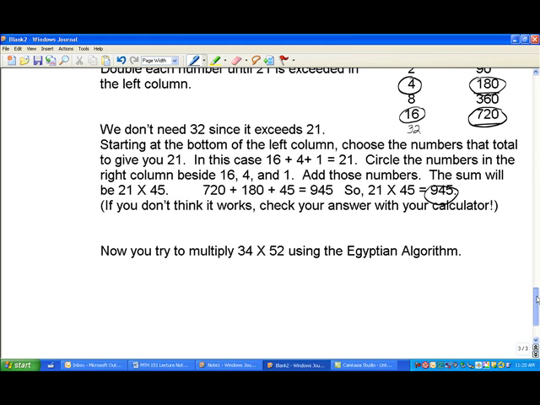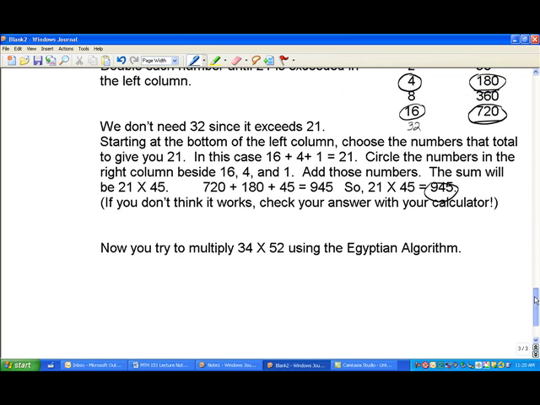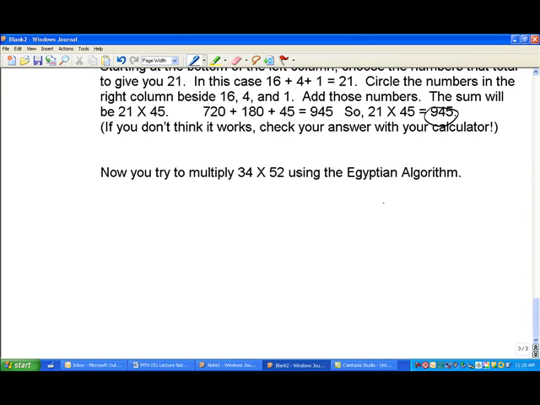So you want to try multiplying 34 times 52. So let's start with a 1 and a 52. And go ahead and see if you can multiply using the Egyptian algorithm. If you want, you can pause the recording right now and give it a try, and then start it up again so you can check your work.